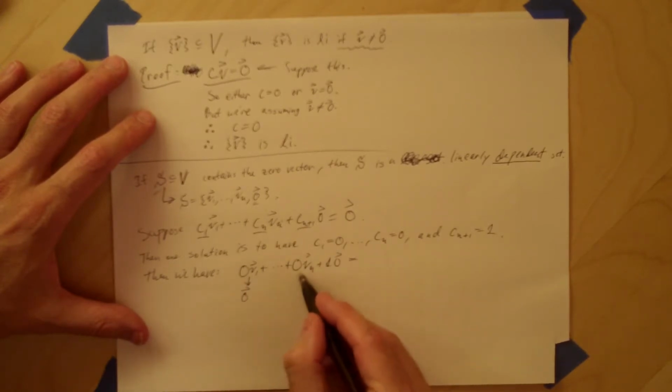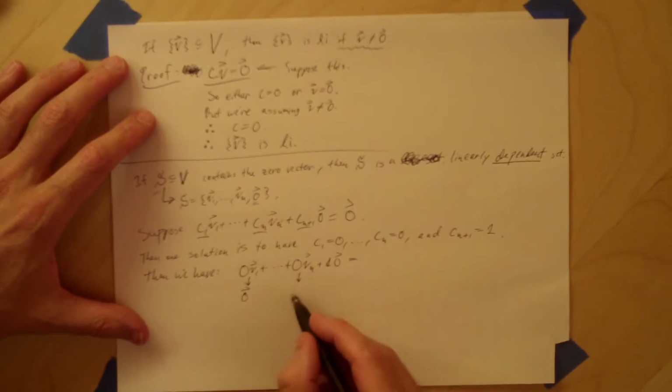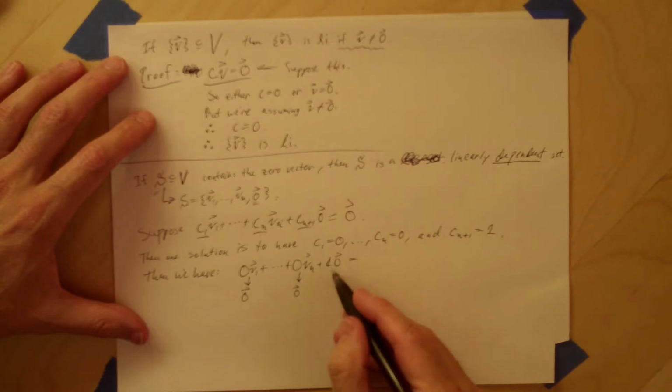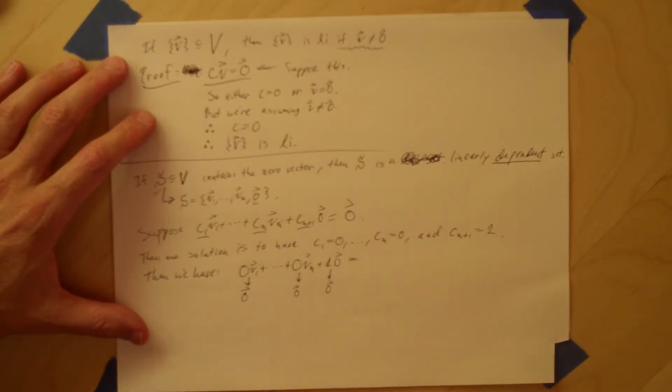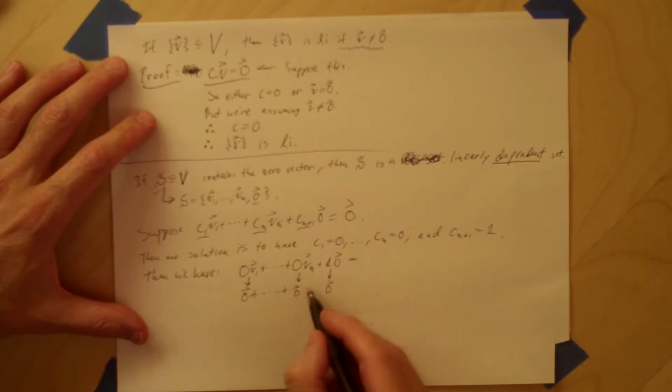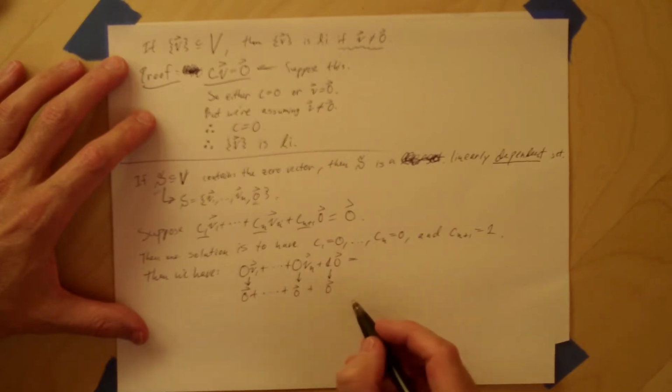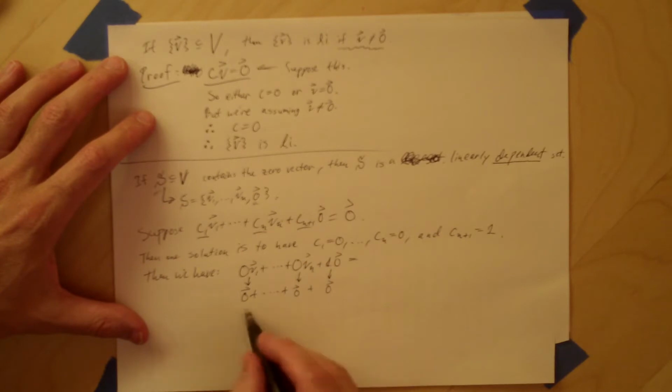This continues all the way over to here: 0 times Vn gives you the 0 vector. It was also proven in 3.1 that any scalar times the 0 vector is likewise the 0 vector. So we have 0 vector plus 0 vector plus 0 vector, and all of this just becomes the 0 vector.